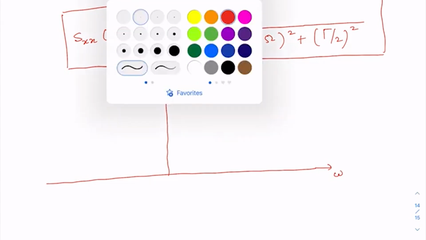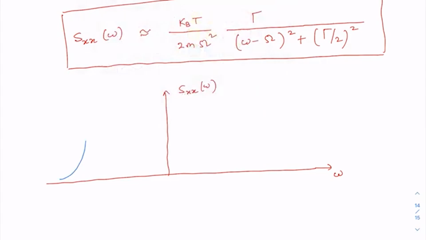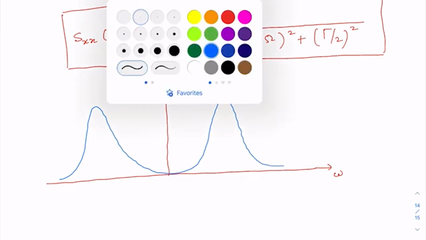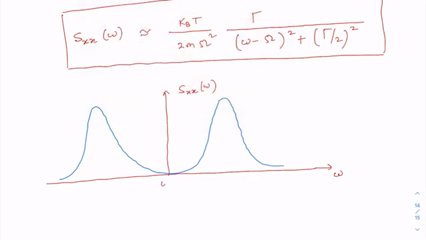You will see that this is symmetric around omega equal to 0, and the full width at half maximum you can easily find out; it would be gamma here.